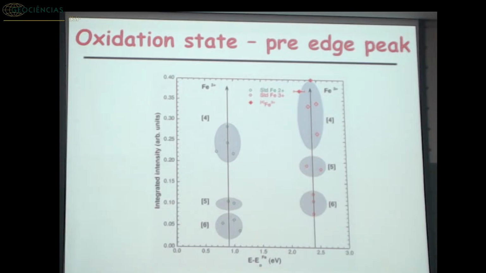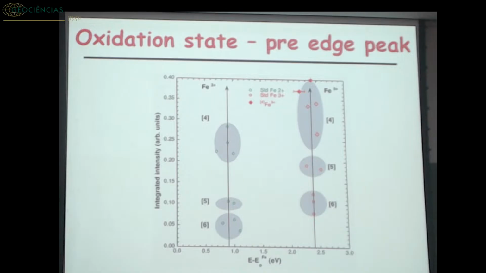And if we look not only at the energy, but also at the intensity of the pre-edge peak, model compounds with a coordination number, so how many oxygens iron is bonded to, of 6 or higher, plot in this region of intensities. 5-fold coordination, like in andradite, for example, plots at this intensity. Tetrahedrally coordinated divalent iron plots in this range of intensity and energy of the pre-edge peak.